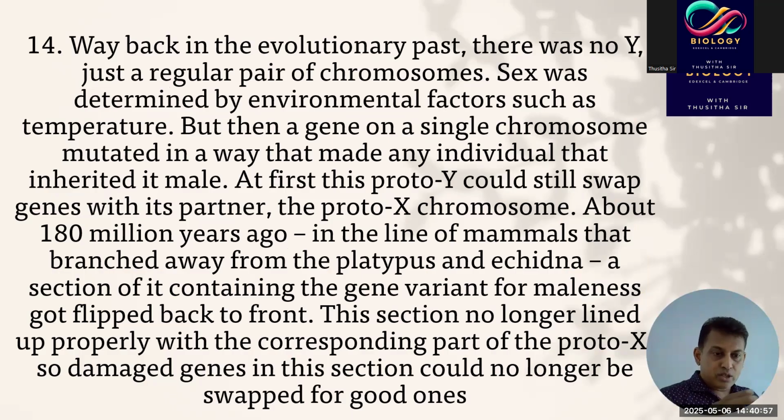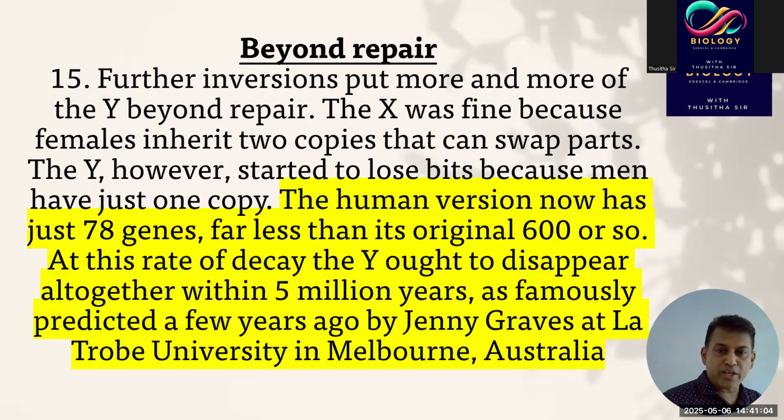So when they were evolving, one chromosome jumped and became the Y chromosome and they started to make the genders. The human version now has 78 genes, far less than the original 600 or so. At this rate of decay, Y ought to disappear altogether within 5 million years, as famously predicted a few years ago by Jenny Graves.